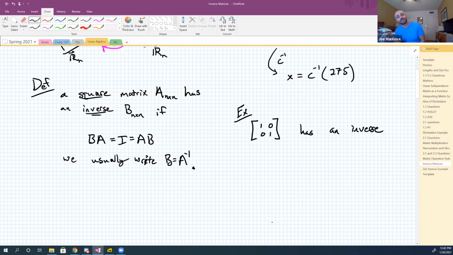What is the matrix that you can multiply on either side by this one to get the identity matrix? Would it be 0, 1, 1, 0? Let's think about that. So 0, 1, 1, 0. Maybe.